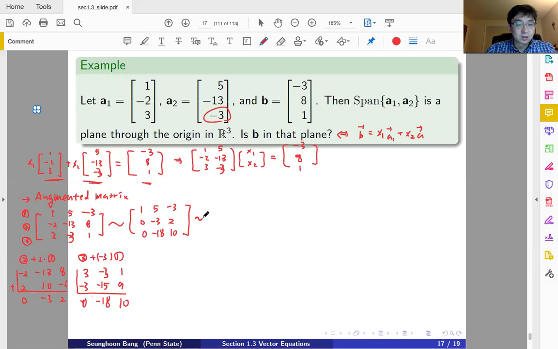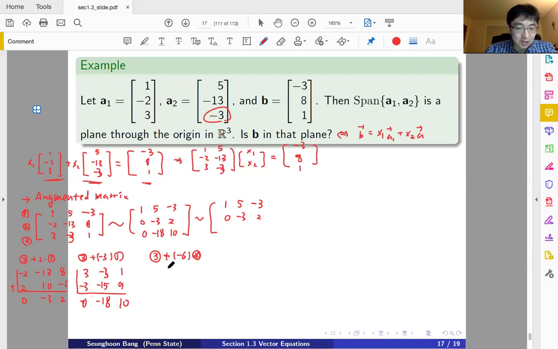For the next step, you can use another echelon form. You can keep the first row, keep the second row. So you have to eliminate minus 18. How can you do that? Third row plus negative 6 times second row.